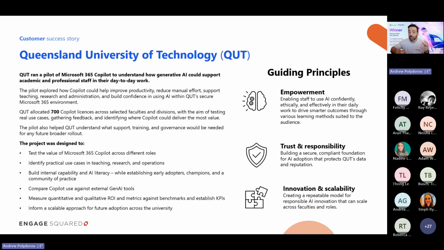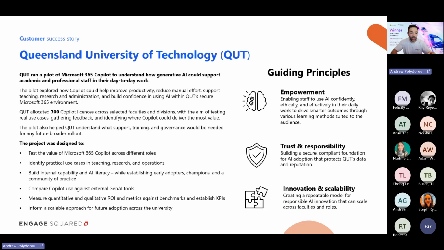They selected lots of different faculties and divisions across that cohort to test practical use cases and gather lots of qualitative and quantitative feedback, with real core guiding principles. They wanted to make sure we were empowering staff to use AI confidently, the content Copilot was using was responsible, and there was clear governance around effective Copilot use. And finally, we built a repeatable framework that was scalable quickly.